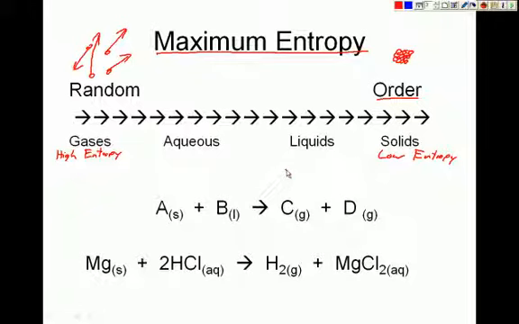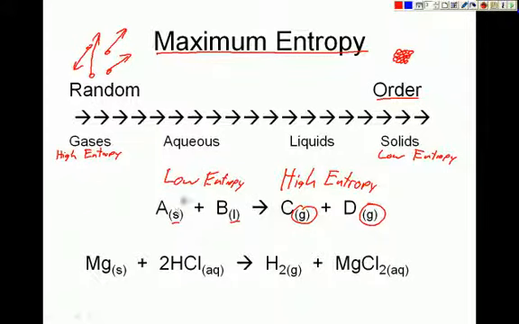So this one, C and D, have high entropy, because it has lots of gas and gas, and now this is solid and liquid. This has what we call low entropy, or in other words, high order. This has a lot of order right here.